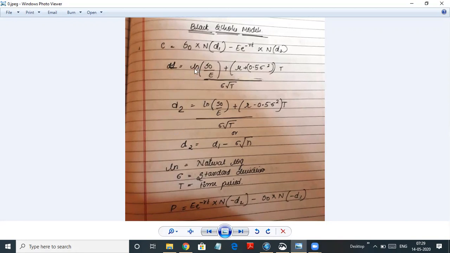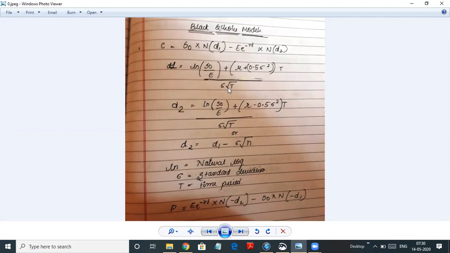D1 is natural log, that is Ln, of S naught divided by E, plus bracket R plus 0.5 into standard deviation squared, bracket complete, multiplied by T, that's the time, the whole divided by standard deviation into root T. For D2 you have a lengthy formula, or there is also a shortcut formula.